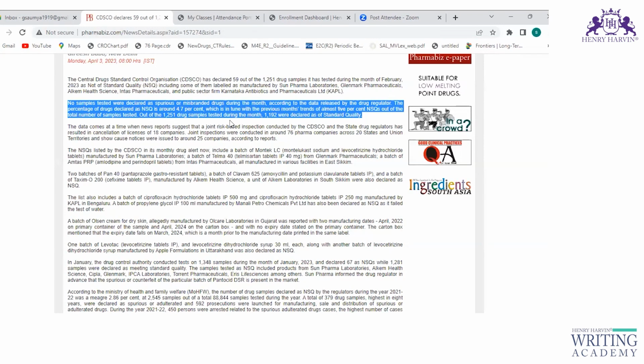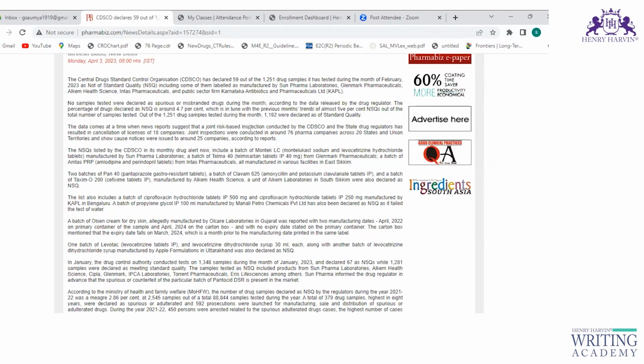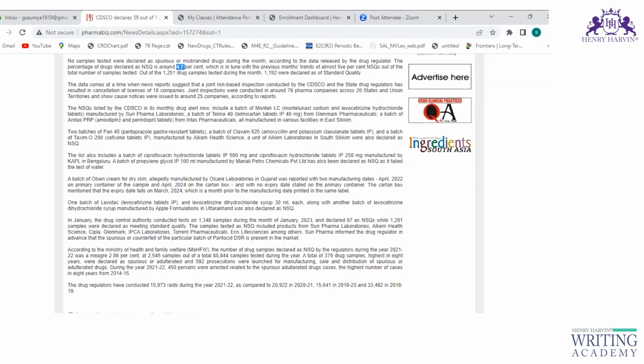Out of 1251 drug samples tested during the month, 1192 were declared as of standard quality. So amongst all the drugs, 4.7% are not of standard quality. They can be spurious or they can be misbranded.